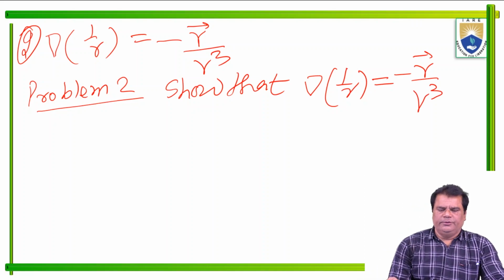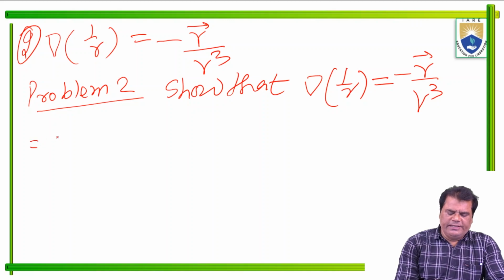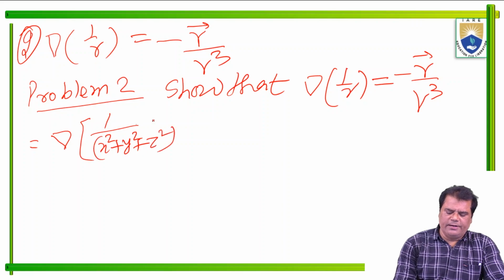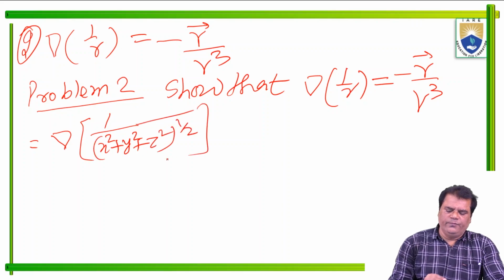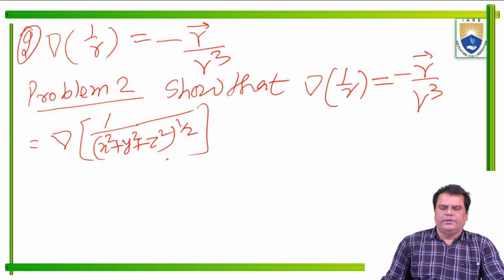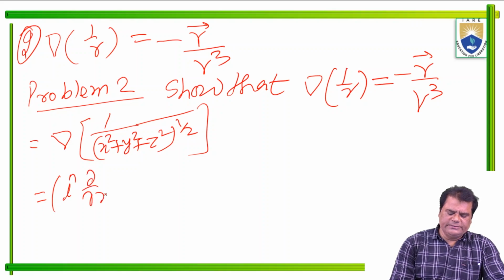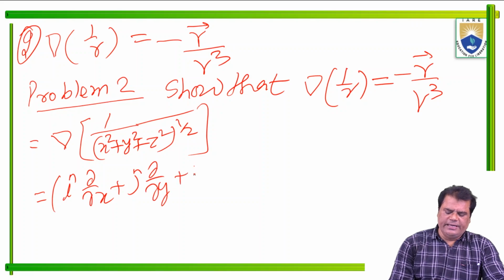Okay. So same as the previous result, del, and putting the value of r. r is (x square plus y square plus z square) to the power half. Writing this in the numerator, and the value of del is i cap dou over dou x plus j cap dou over dou y plus k cap dou over dou z.